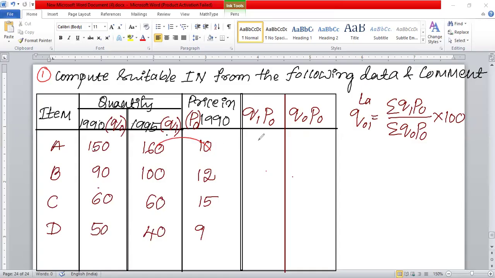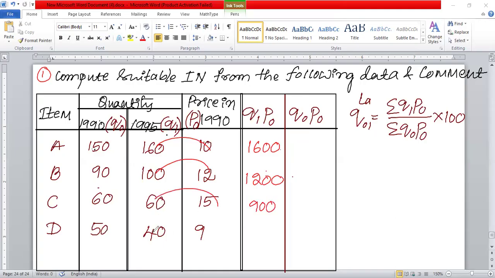160 into 10, 1600. Now 100 into 12, 1200. Then 60 into 15, so 900.